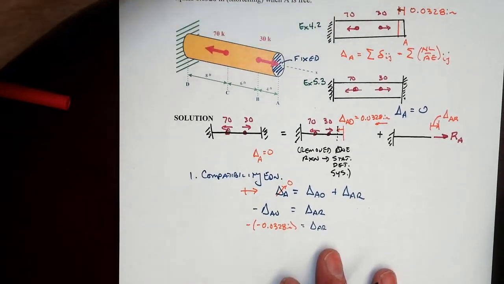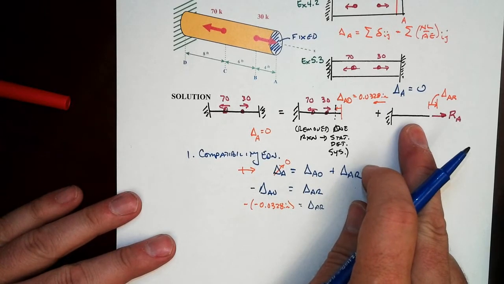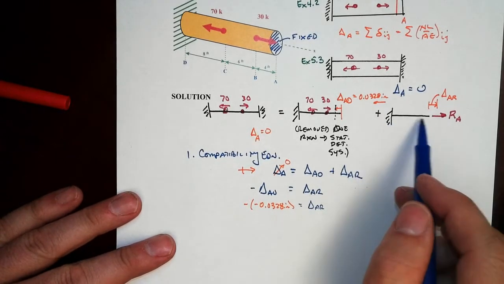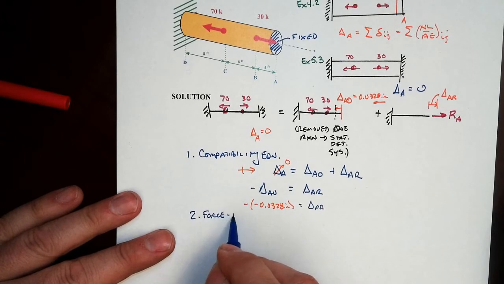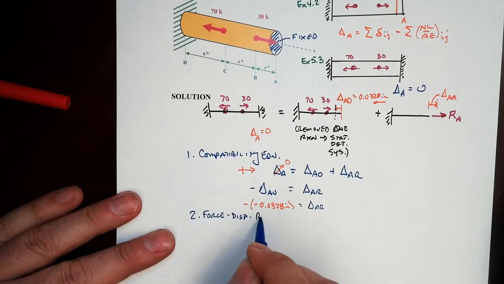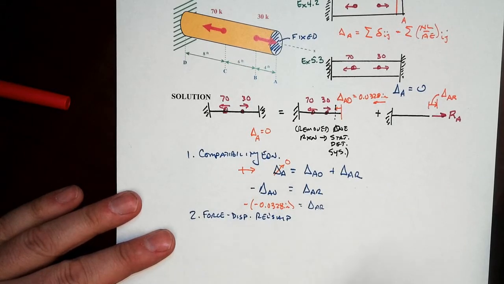Well, now in this case we have a member that has constant cross-sectional properties, that makes it prismatic. It is homogeneous, all the same material, so it's not a composite member, and that means that the force displacement relationship for the entire system with a constant axial force, and we've got constant properties, is that the deformation in that situation will be equal to NL over AE.